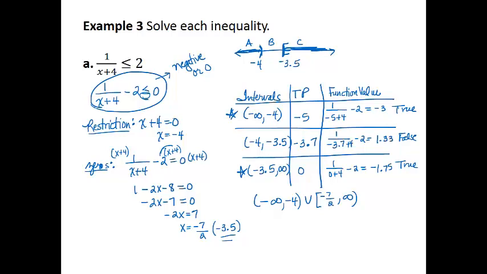Now, we could have also used the graph. We know the graph of 1 over x. And so if we have 1 divided by x plus 4 minus 2 as our function we're graphing, it's going to shift left 4 units, so our vertical asymptote is going to shift left 4.